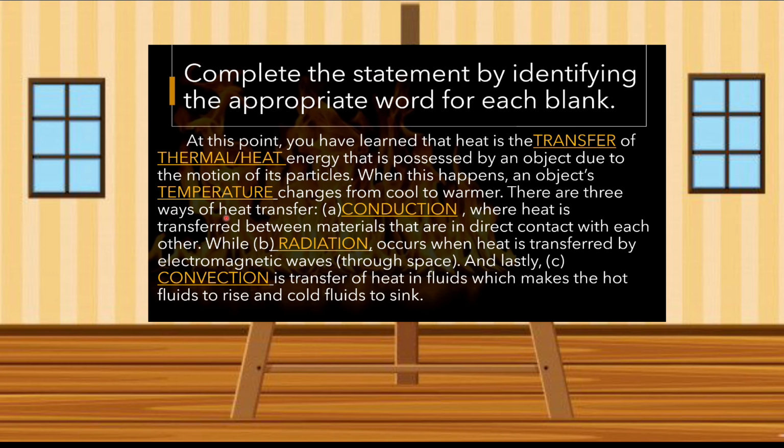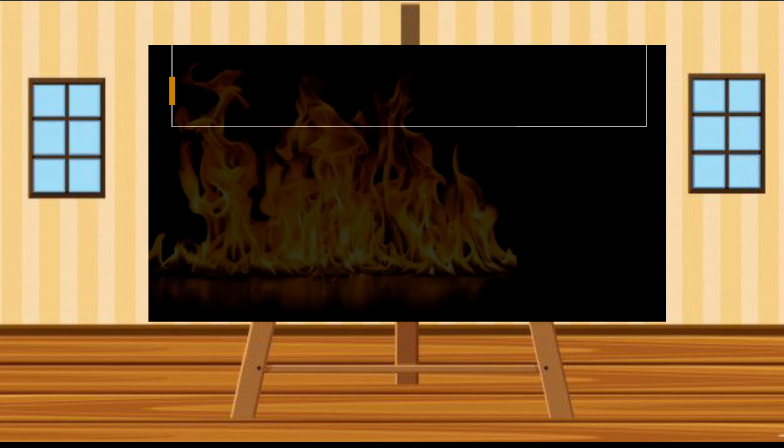These are the three ways of heat transfer. A. Conduction, where heat is transferred between materials that are in direct contact with each other. While B, which is radiation, occurs when heat is transferred by electromagnetic waves through space. And lastly, convection is the transfer of heat in fluids, which makes the hot fluids rise and cold fluids sink. Very good. Nice work.